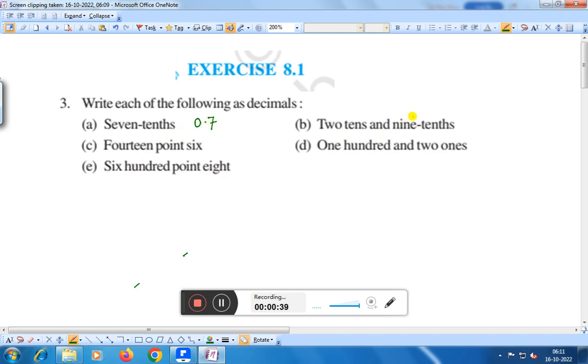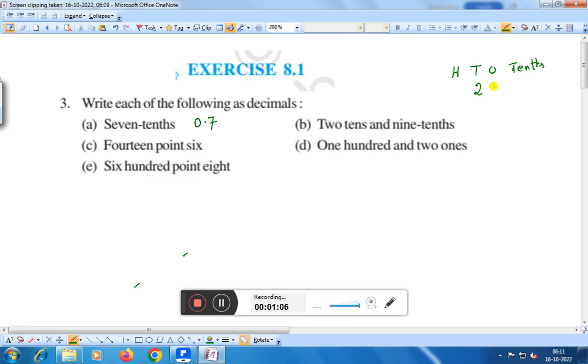Question number B is 2 tenths, 9 tenths. If you write here, that is ones, tens, hundred, and it is tenths. 2 tenths means 2 tenths.